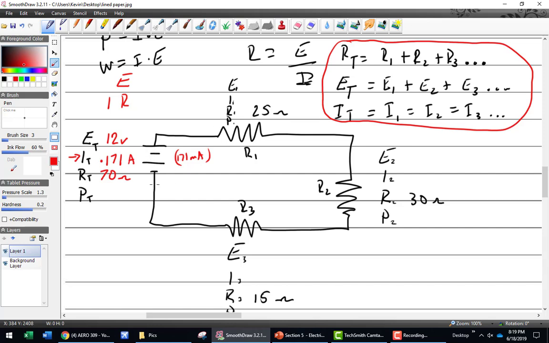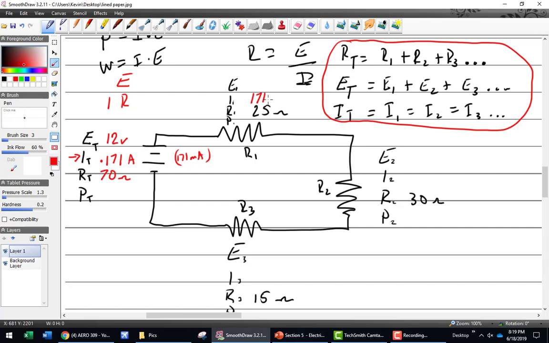So current leaves the battery, and we'll go conventional right now. Current leaves the battery, current flows through this. Guess what? The same current that flowed through that also has to flow through this. And the same current also has to flow through this. That is why the current is the same through the whole circuit, because whatever current went through here, how many paths does it have to get back? One, so it's got to follow that around. So everything stays the same.